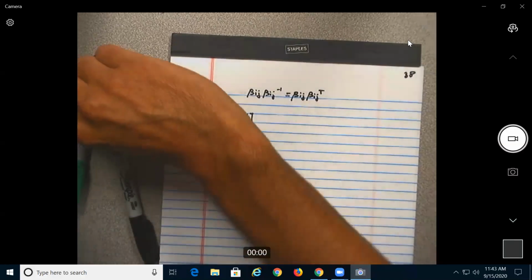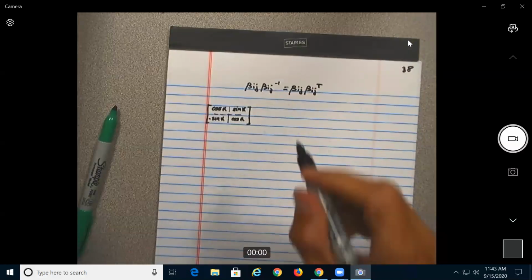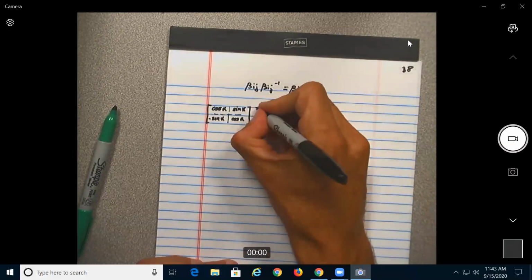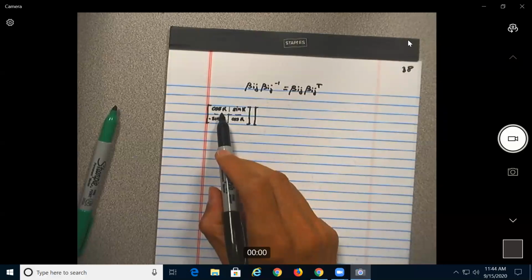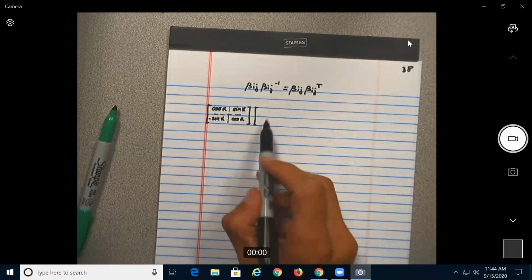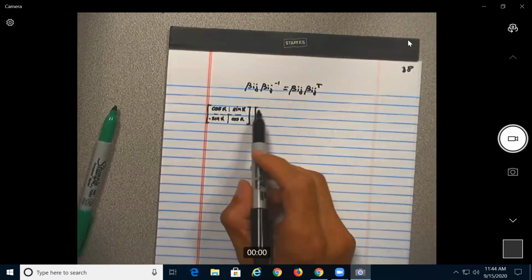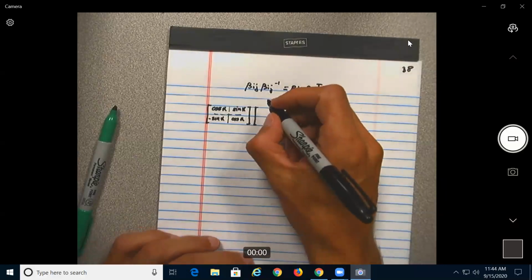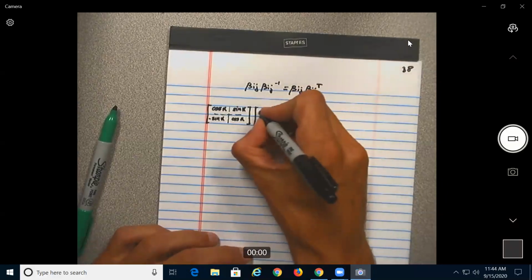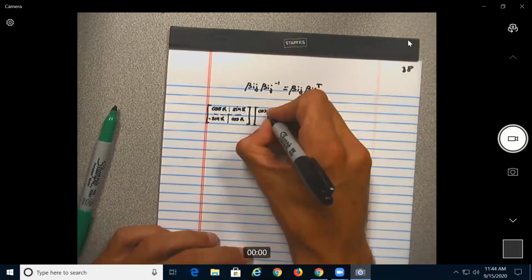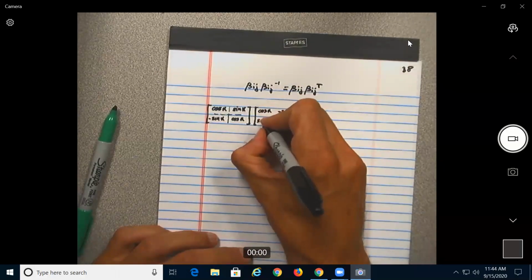For 2D, the determinant will be cosine squared plus sine squared, which is 1, and the inverse you get by swapping the diagonal elements and dividing by that. So the inverse will give you cosine alpha, minus sine alpha, by using Cramer's rule, sine alpha, cos alpha.